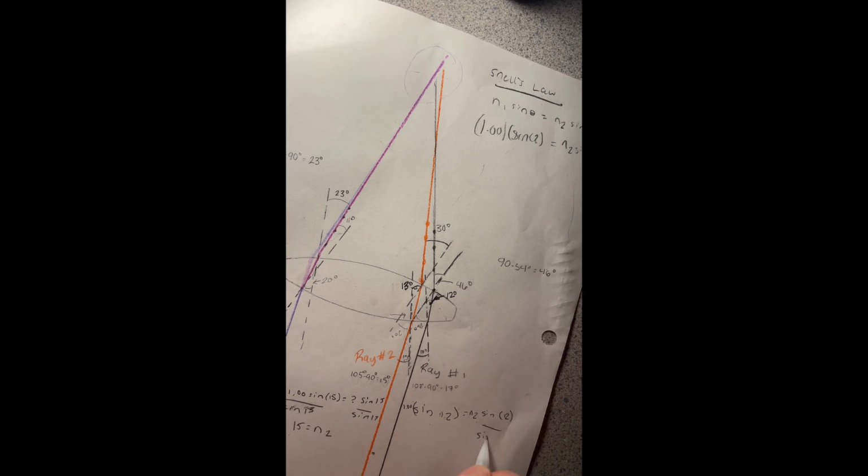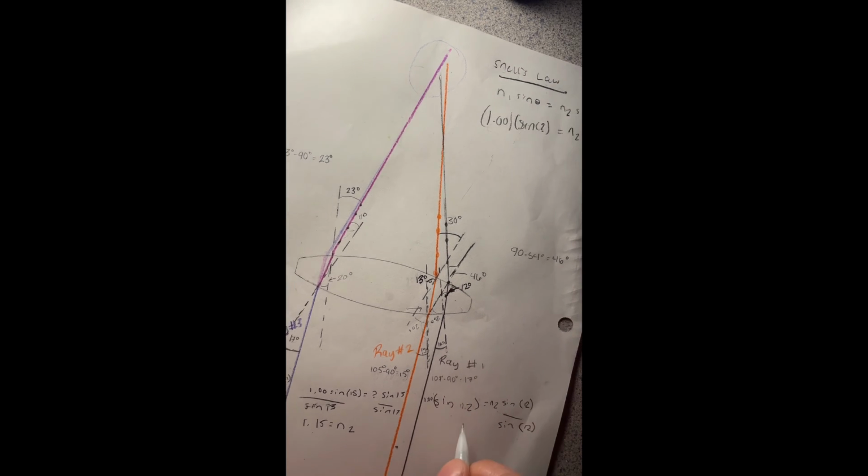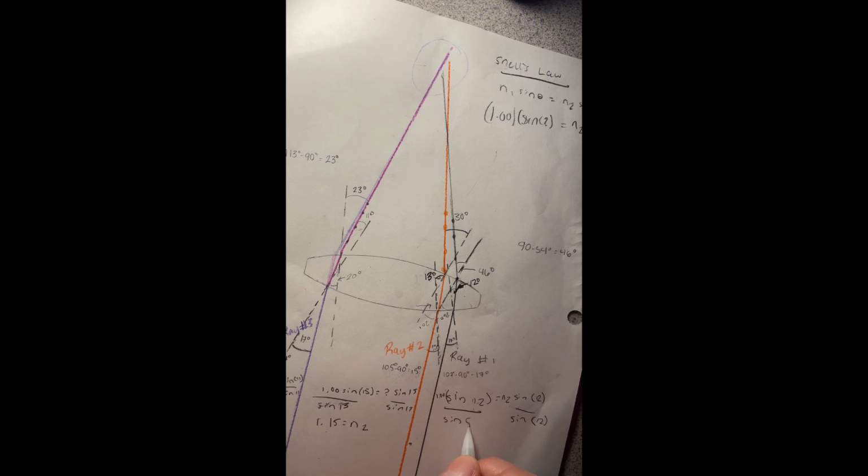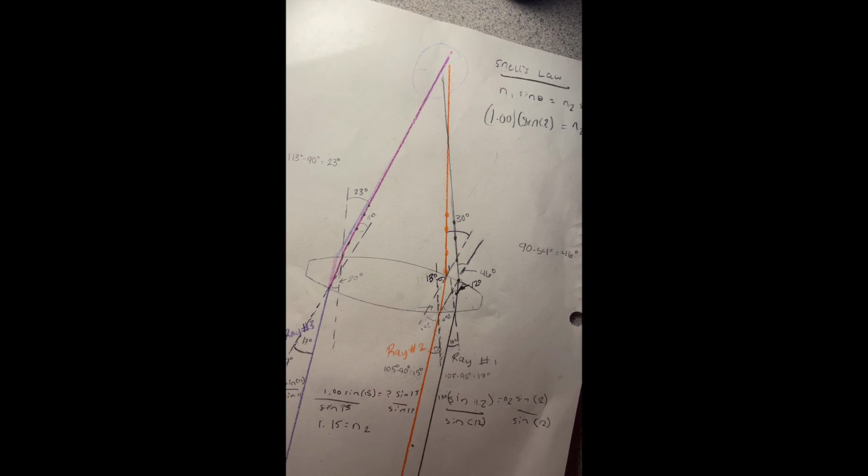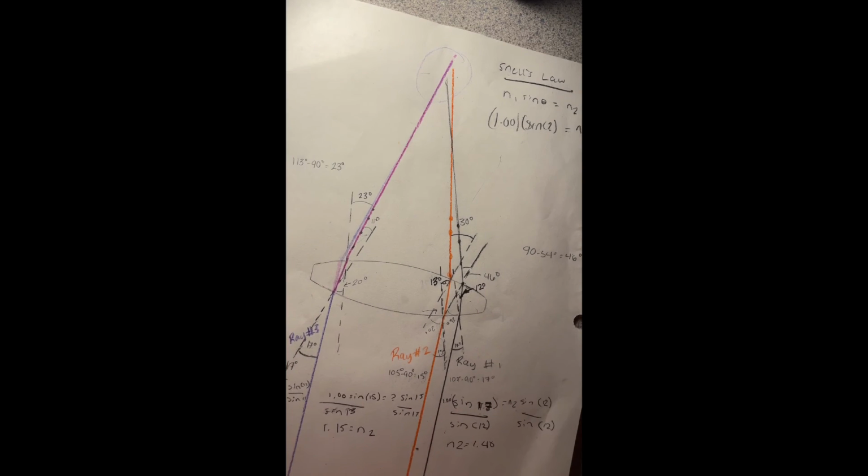Now we divide out the sine of 12. Now we get 1.40, which is pretty close to the index of refraction of a normal piece of glass.